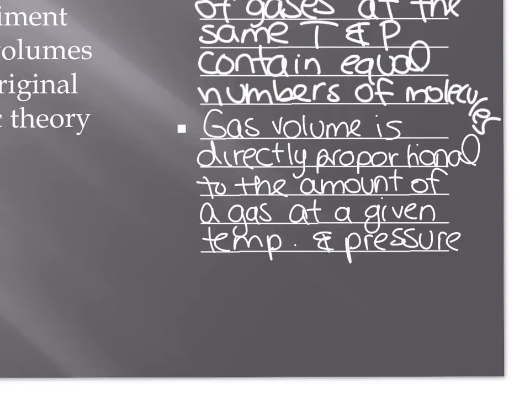So simply said, if it's directly proportional, as V increases, N increases. Remember, N meant the number of moles?